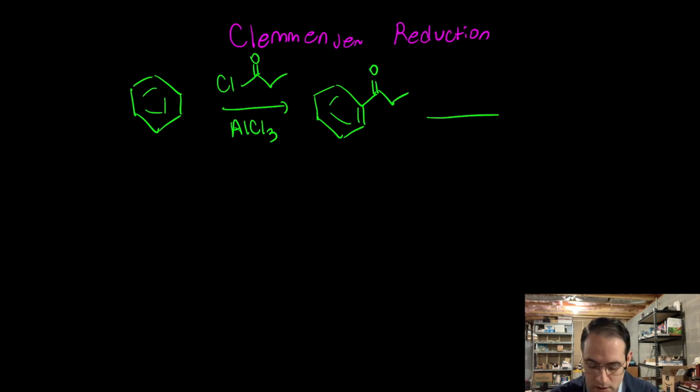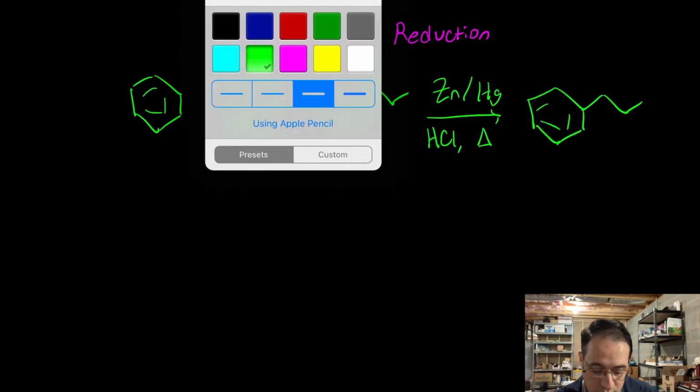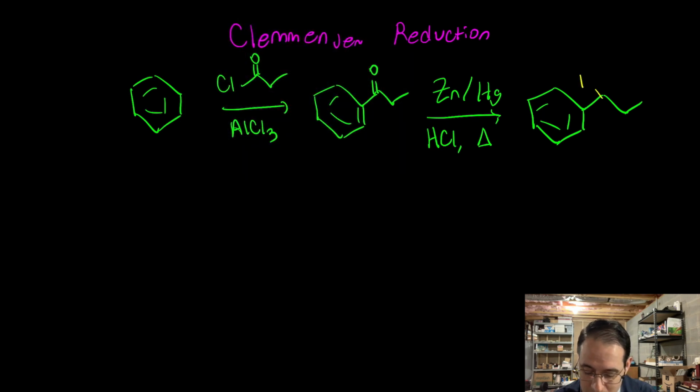Now what you can do is treat this with zinc in a mercury amalgam, so a mixture of zinc and mercury, not too healthy, HCl and heat, triangle is heat in my book. Then you basically reduce completely that ketone group.